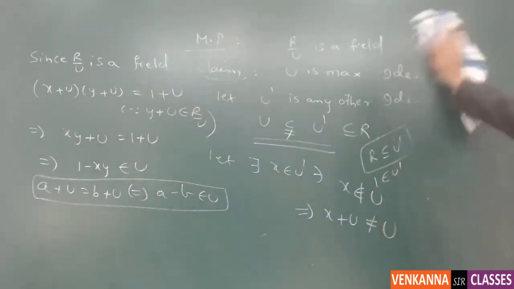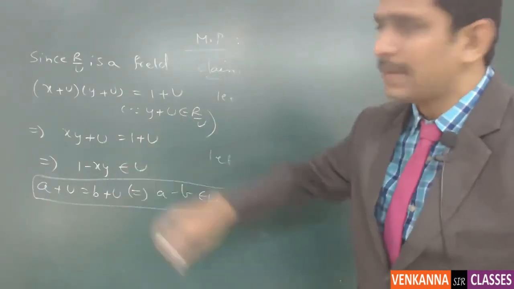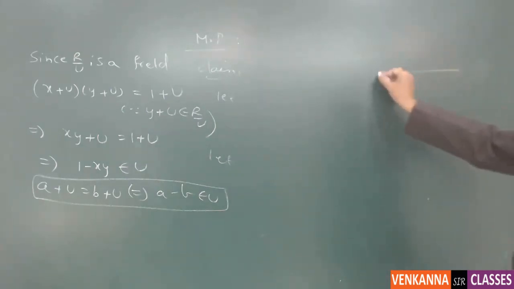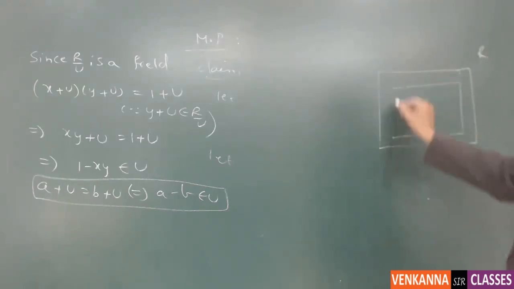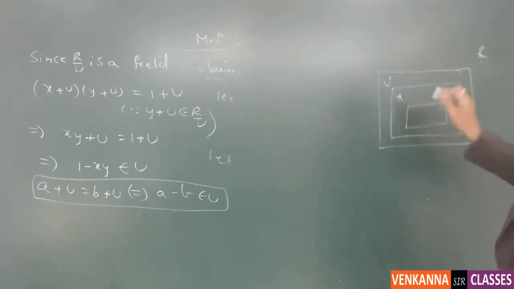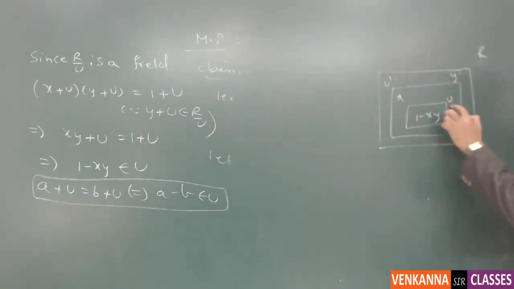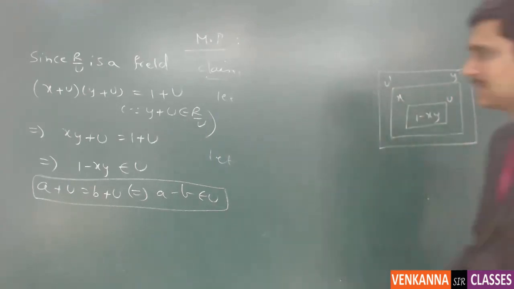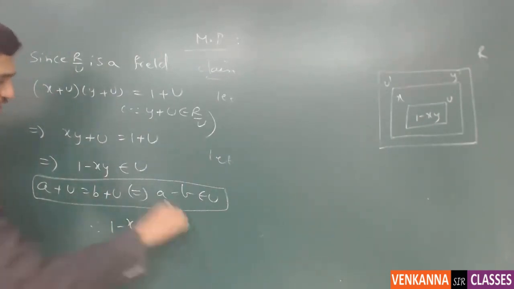Now, let us have a small picture here. You have taken 1 - xy belongs to U. So you got that 1 - xy belongs to U. Since U is contained in U', you can say that 1 - xy belongs to U'.